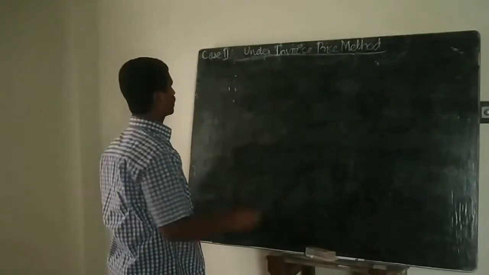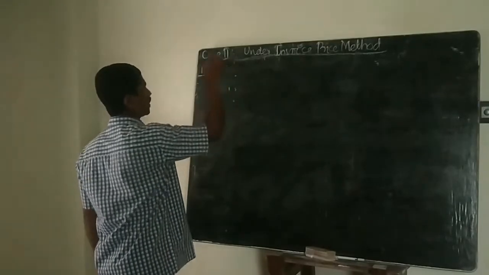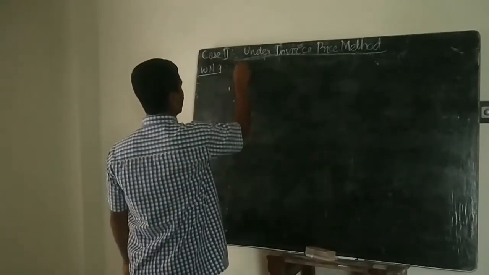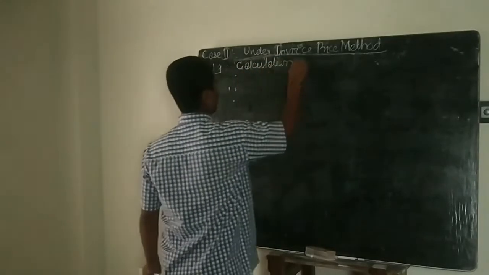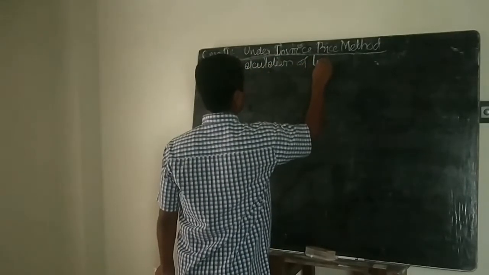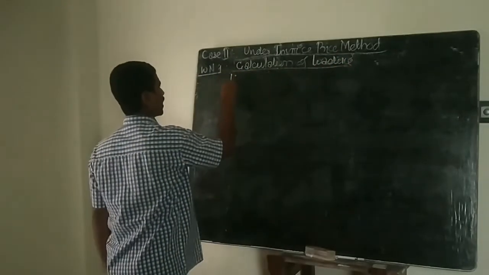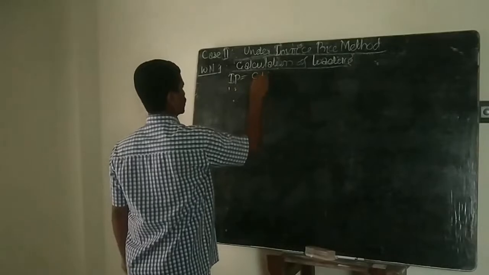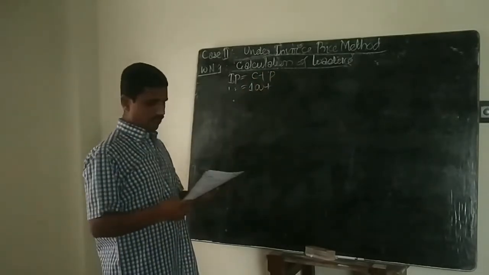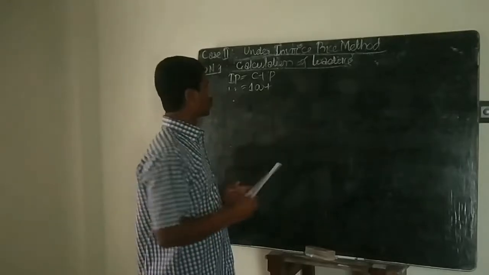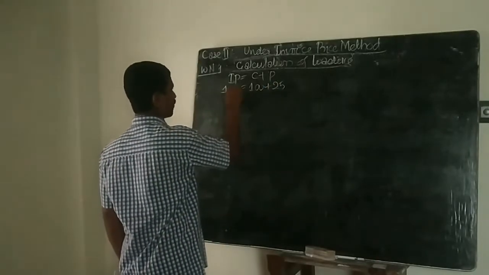Now let us go for working note 1, that is calculation of loading. IP equals C plus P. If 100 is the cost, it is given as 25% on cost here, so it is 25 here, 125.